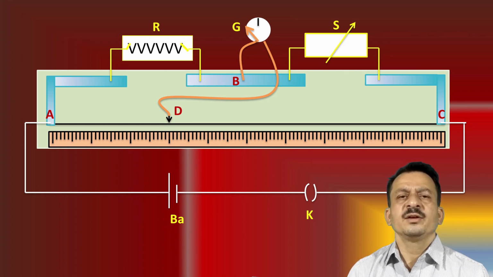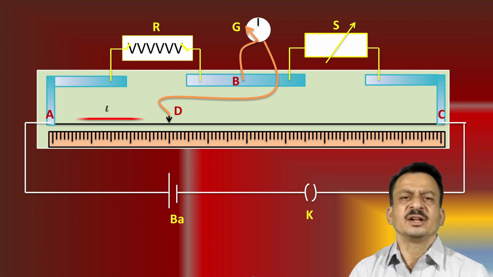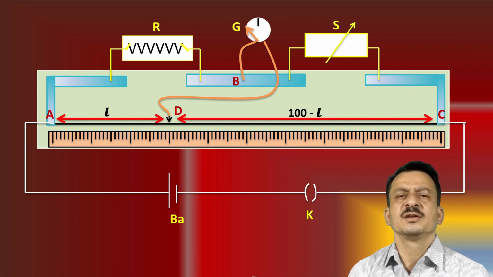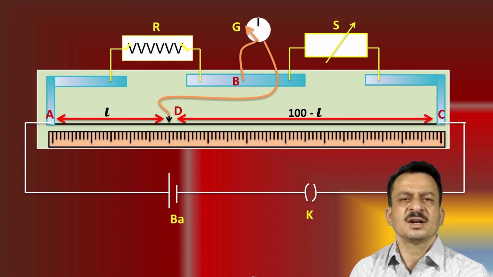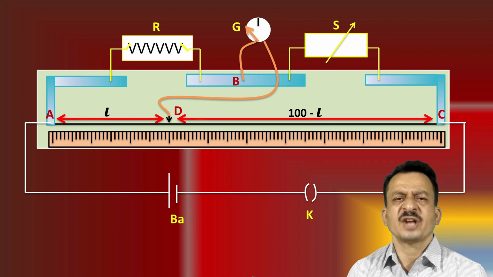Now when it is dipped in water, the balancing length is L, that is given. Therefore AD becomes L, and DC becomes 100 minus L. Now in the problem, as the temperature of water in the beaker is raised, obviously the resistance in the left gap goes on increasing.